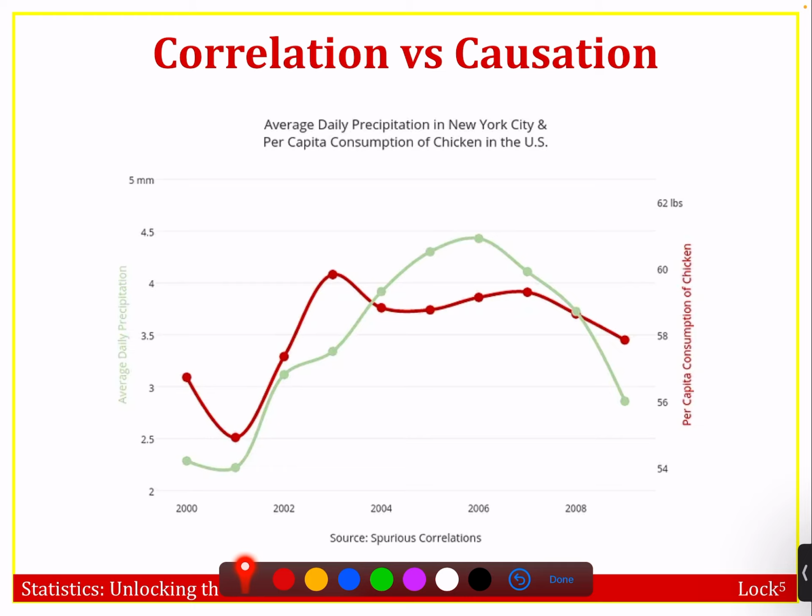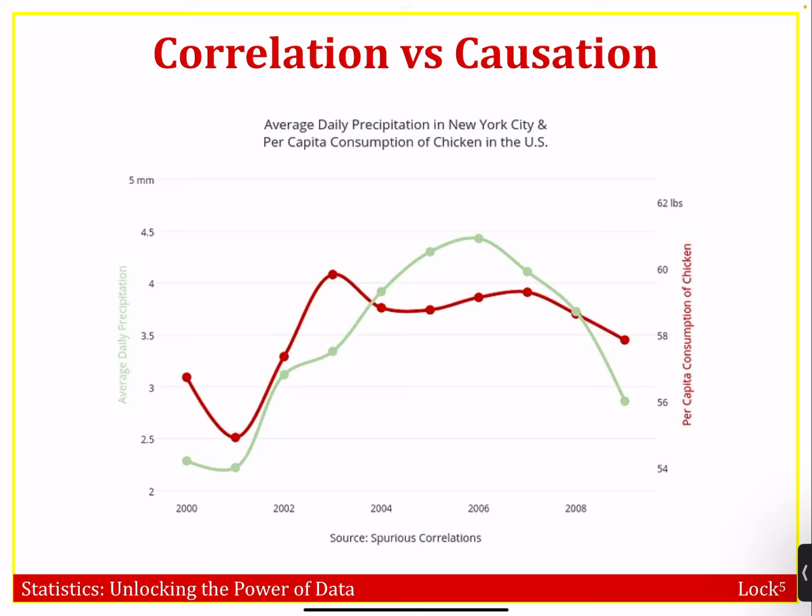Correlation is not necessarily causation. There's no way that chicken consumption can drive rain, or that rain in New York City is going to affect the pounds of chicken we eat per person in the United States.